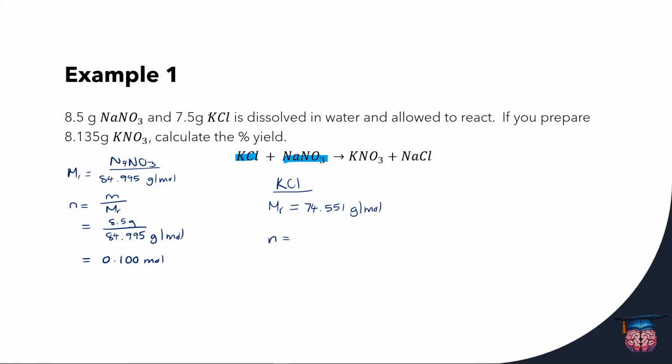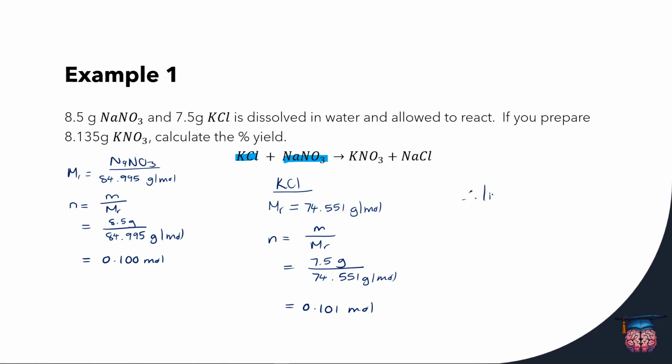And by simply taking the 7.5 grams that we have and dividing that by the molar mass of 74.551 grams per mole, we get a number of moles of 0.101 moles. Okay. Now we can see that these numbers of moles are pretty close to each other, but a good rule of thumb is always to take the one with the smallest number of moles just in case.